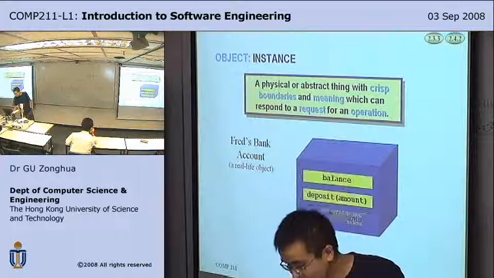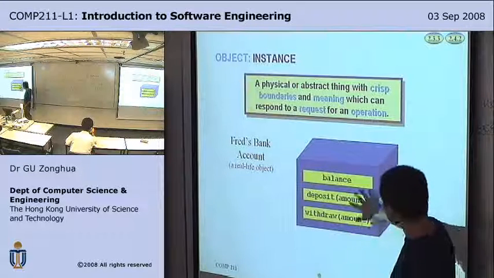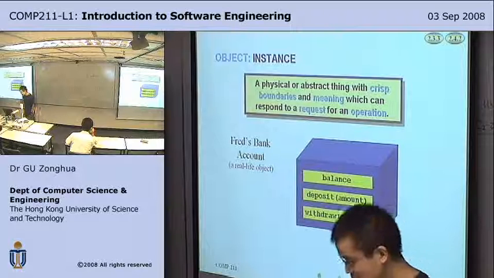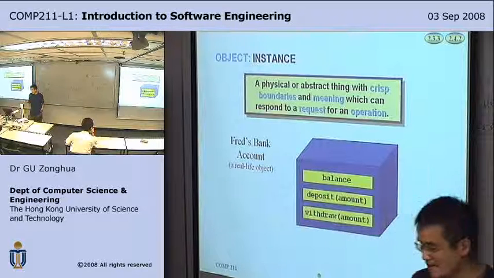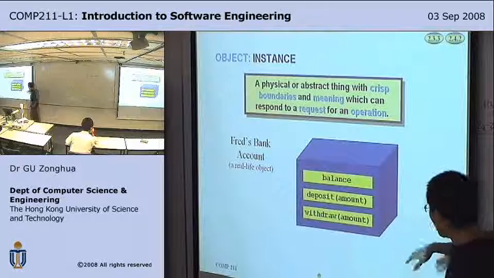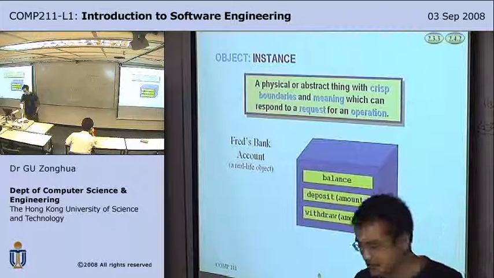It may have 3 operations. That is, its interface consists of 3 operations for the other objects to call. Balance returns the current balance of the account.